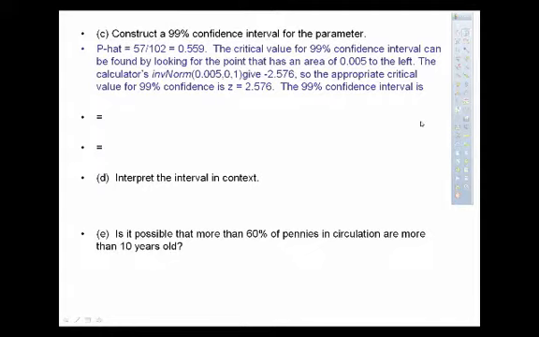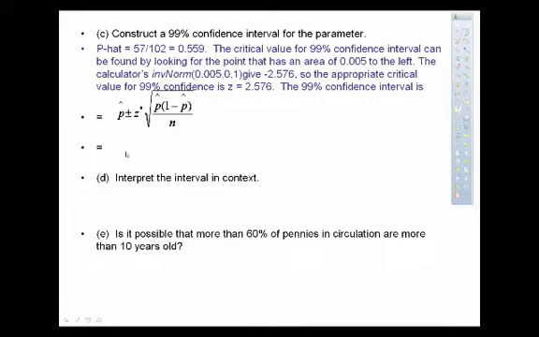The calculator's inverse norm of 0.005, comma 0, our low end, and 1, gives us a negative 2.576. So the appropriate critical value for 99% confidence level is z star equal to 2.576.